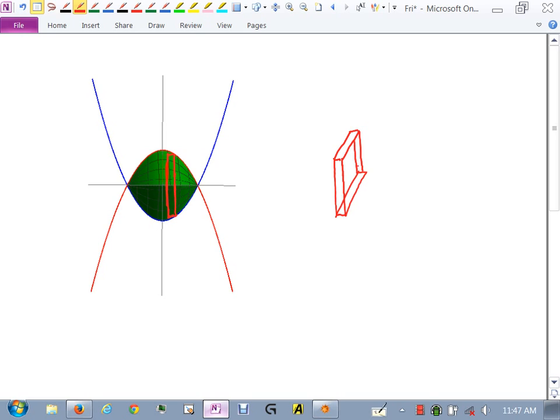And what I've done is I've created this box-looking thing. Now, I also don't want it to be hollow on the inside. I want it to be solid. So it really looks more like this. Okay? So I've created this square parallelepiped.